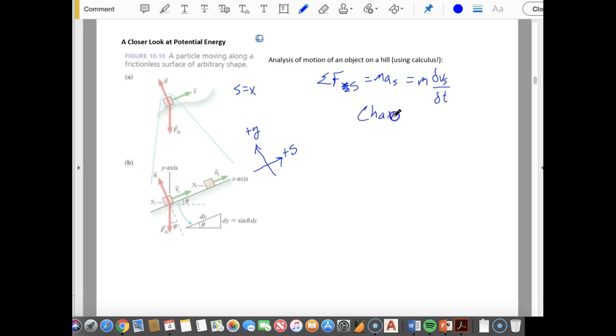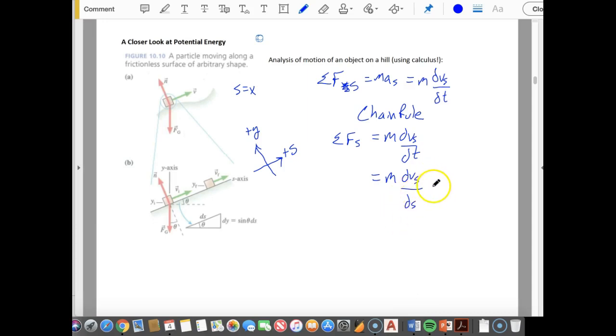Let's go through. We're going to use our chain rule again. We're going to say the sum of the forces in s is equal to m, and now we're going to use that dvs over dt. So this is going to be equal to mass times dvs, but we don't want it in terms of dt. We want this in terms of ds, or the change in the position in the x direction.